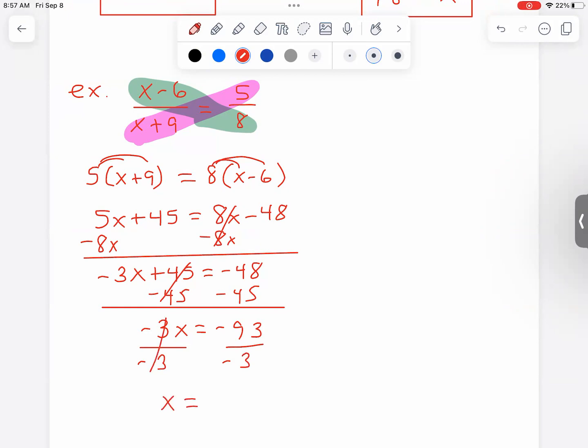So negative divided by negative will be positive. 3 into 93. Remember, 3 goes into 9 three times, and 3 goes into 3 once. And so we get x equals 31.